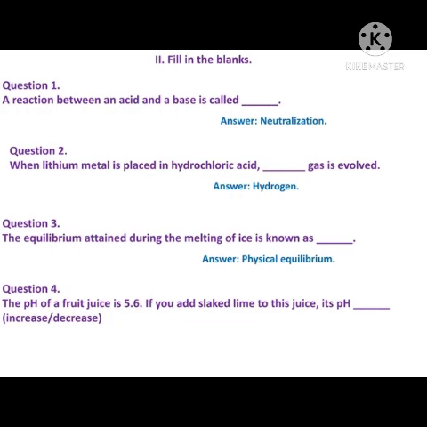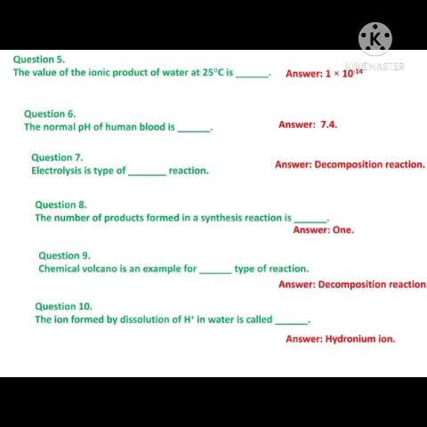If you add slaked lime to the juice, does its pH increase or decrease? Yes, increases. Fifth question, the value of the ionic product of water at 25 degrees Celsius is 1 into 10 power minus 14. The normal pH of human blood is 7.4.